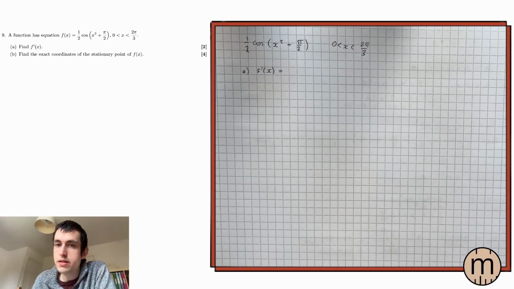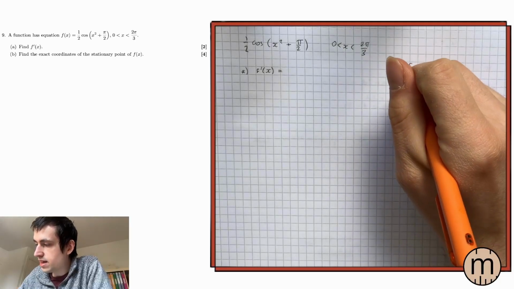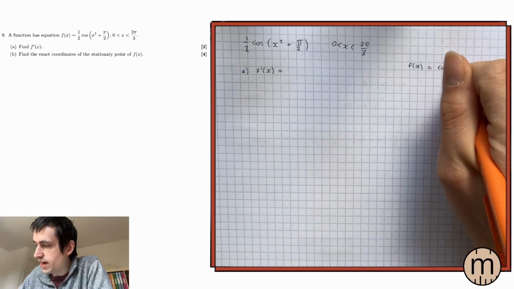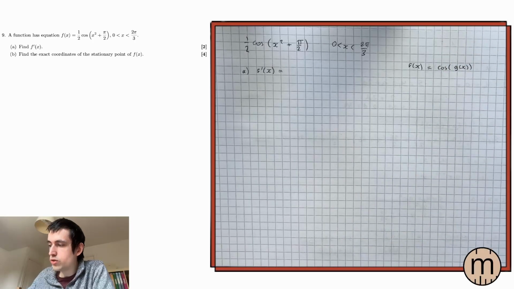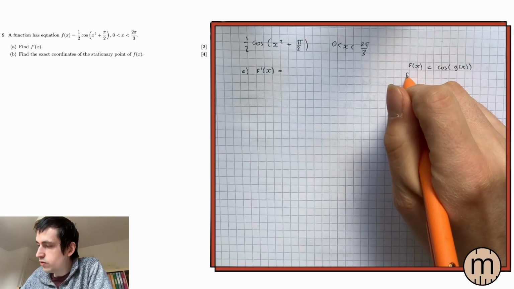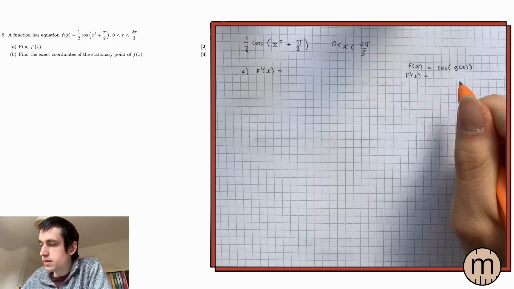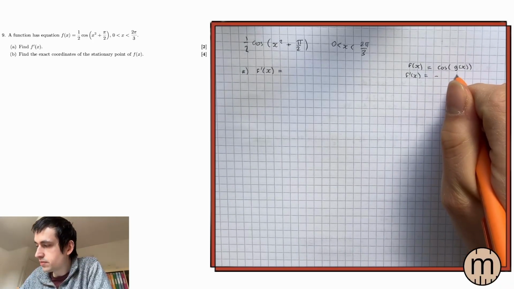And there are different methods to do this. Essentially, we're using the chain rule, but I think if you want to be getting quick at doing this type of differentiation, remembering it as what I call a mini rule is really beneficial. So my mini rule will state that if f of x is cos of g of x, so cos of another function, then the derivative will be differentiate cos and you get minus sine.